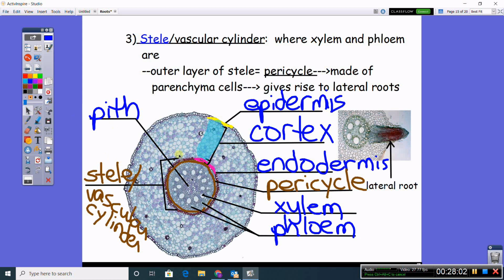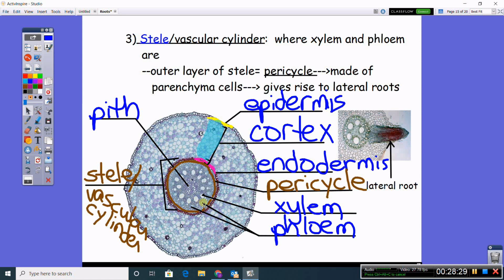Notice what we bracketed here. This entire thing is your stele or your vascular cylinder. Okay. Not really including the endodermis, but including the pericycle. So your pericycle is going to be your outermost layer of the stele or the vascular cylinder. The larger circles here are going to be your xylem.